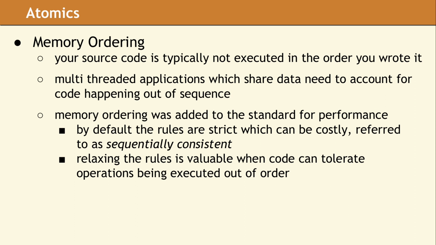The rules of memory ordering were added to the standard for performance reasons. The default memory ordering for atomics is the most strict option, and it is referred to as sequential consistency. There is a performance cost to this level of memory ordering, since it limits the ability of the compiler and the hardware to take advantage of certain optimizations.